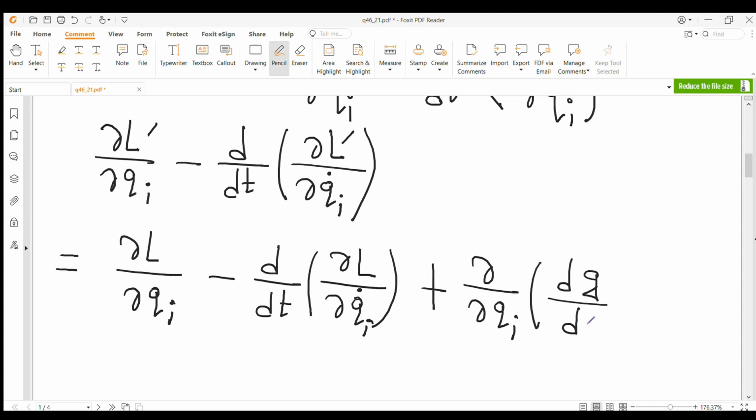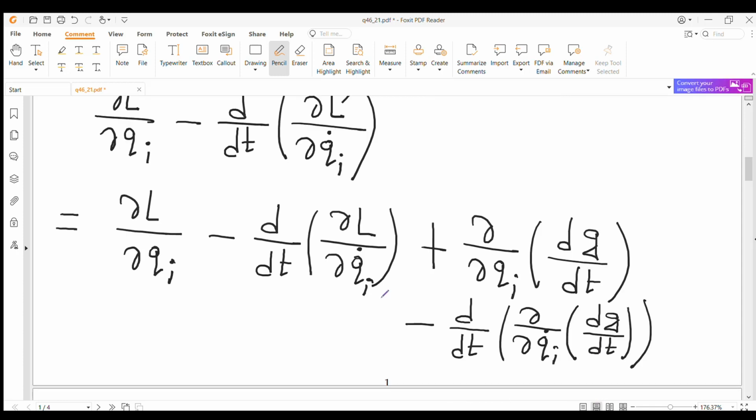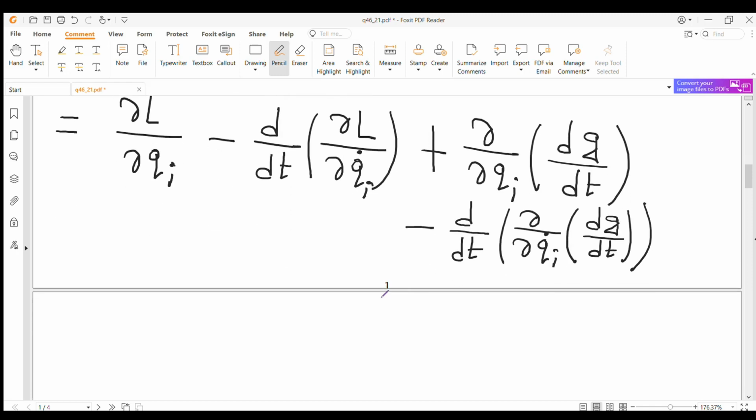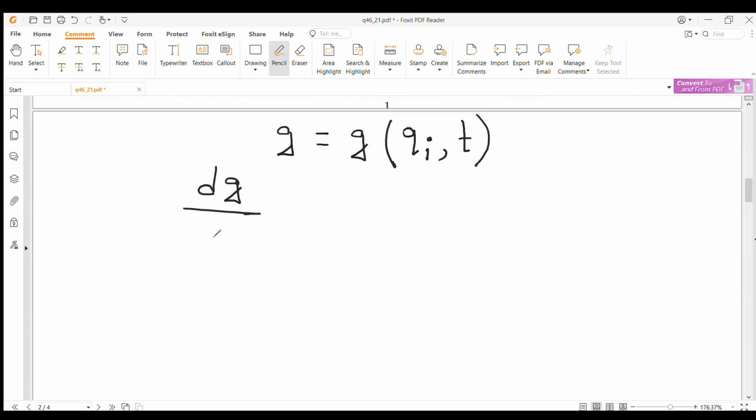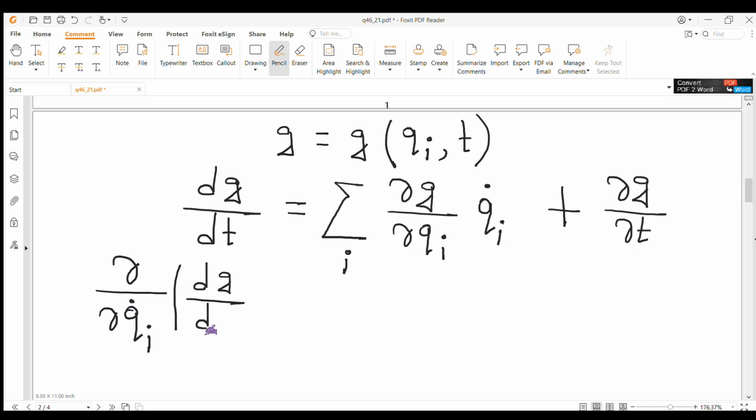of dg/dt minus d/dt of ∂/∂q dot of dg/dt, where g is a function of generalized coordinates and time. So dg/dt is equal to sum over i ∂g/∂q_i into q_i dot plus ∂g/∂t. So ∂/∂q dot of dg/dt is equal to ∂g/∂q.